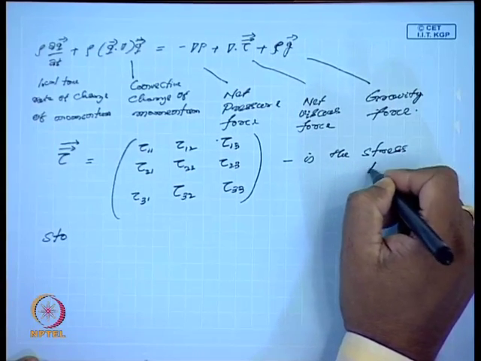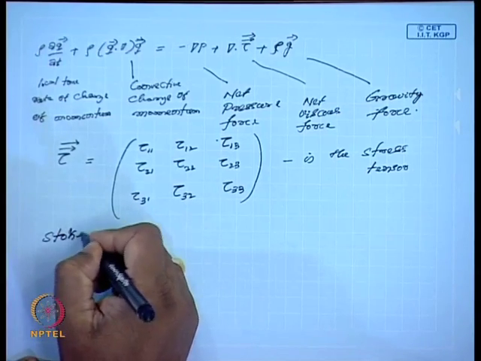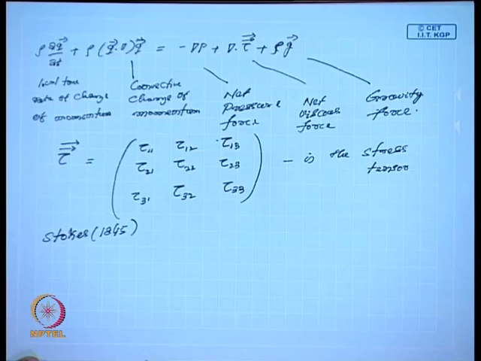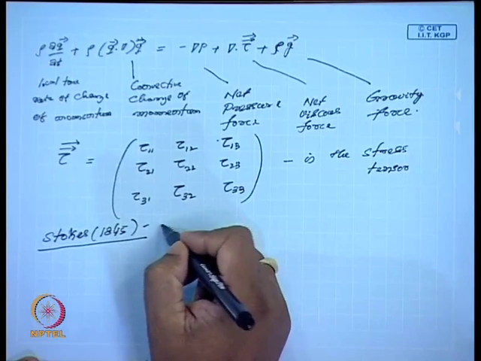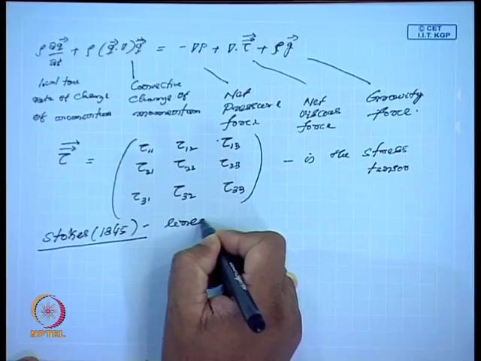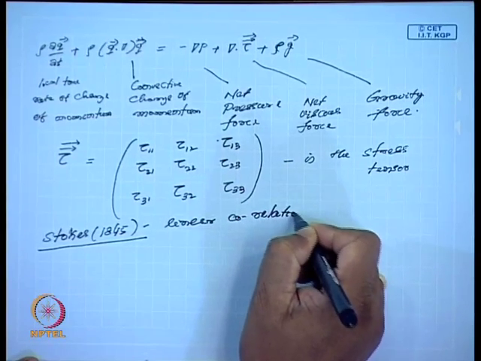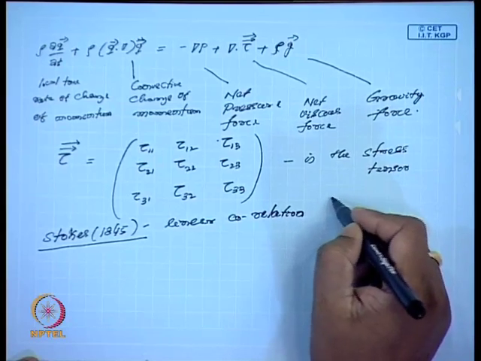In fact, it was Stokes in 1845 who postulated a linear correlation for an incompressible fluid.